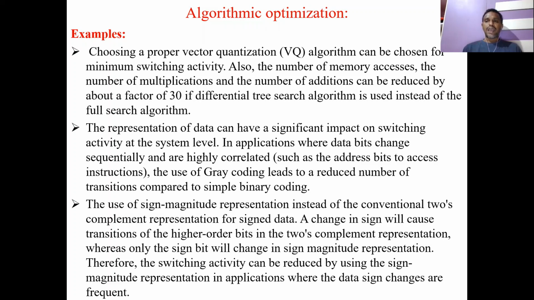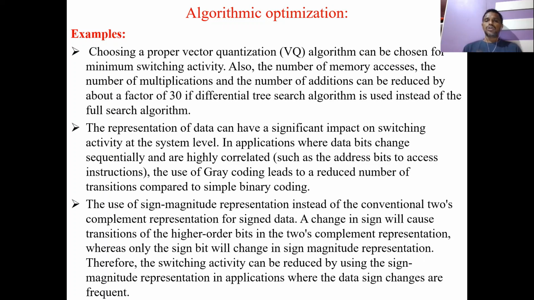The gray coding has fewer changes, from 0 to 1 or 1 to 0, as compared with binary coding. Whenever fewer transitions take place, the switching activity is also optimized.